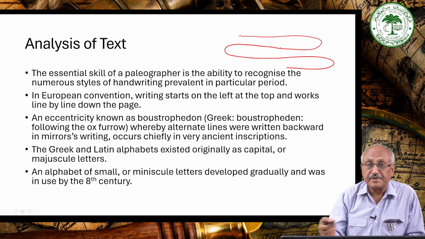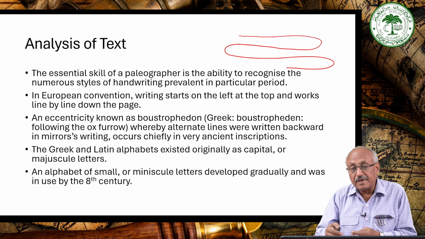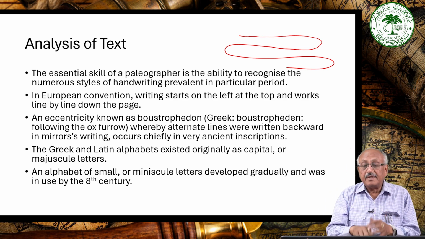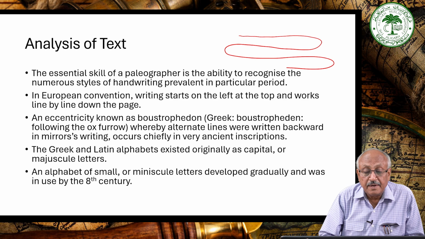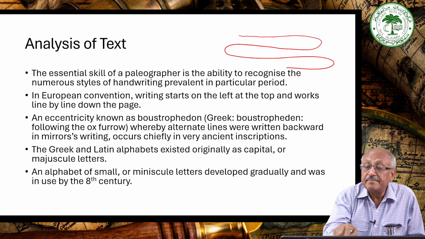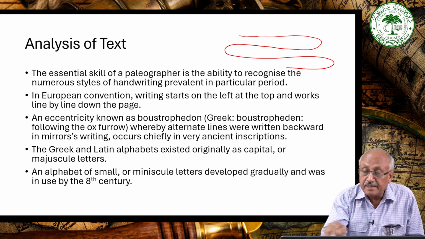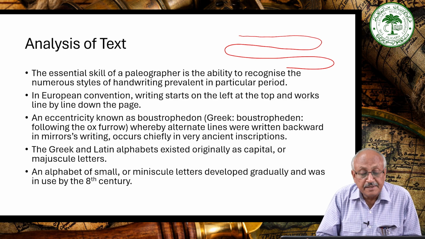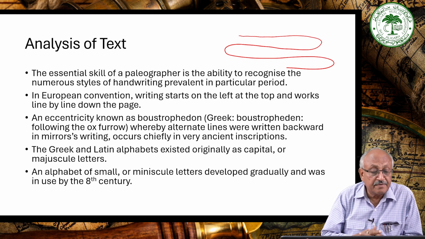This is called boustrophedon. Our Indus scripts are also in a boustrophedon manner, whereby alternate lines were written backward. You start from here, you come backward, then you go again, then you come backward. Mirror writing occurs chiefly in very ancient inscriptions. India is one of those.